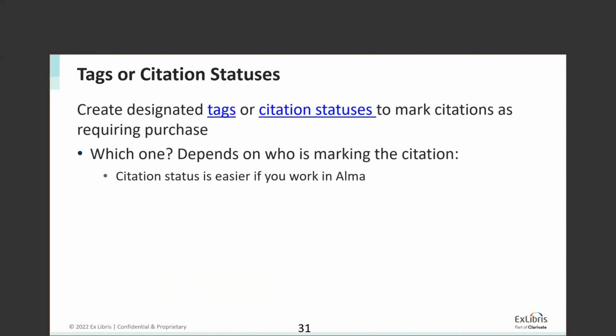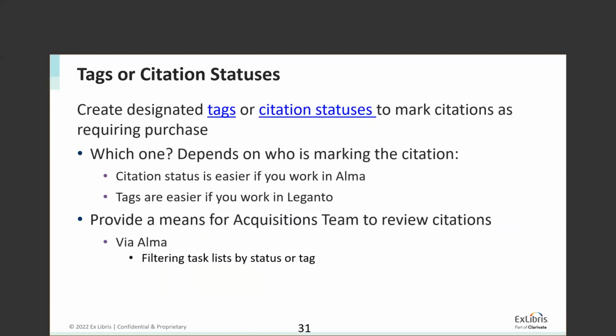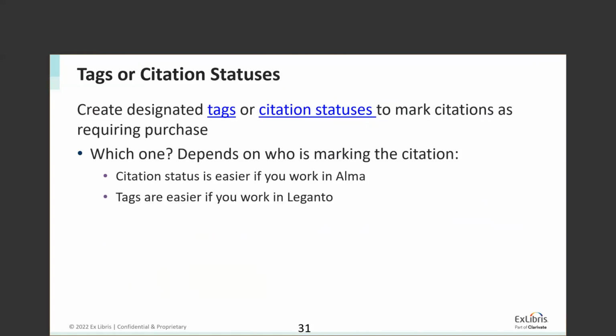You can set up a custom status, something like review for purchase, or whatever makes sense for you. On the other hand, it's easier to add tags if you're working in Leganto. If you're doing the work in Leganto, you don't have the option to select a specific status for citations, but it's very easy to add tags. You can even select multiple citations and add the tags to them in bulk.